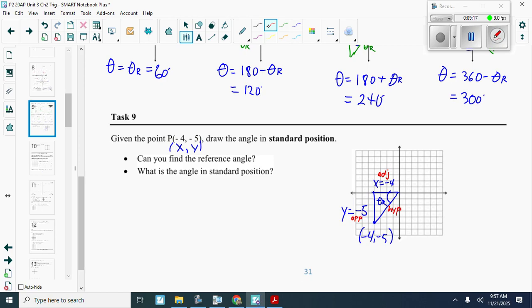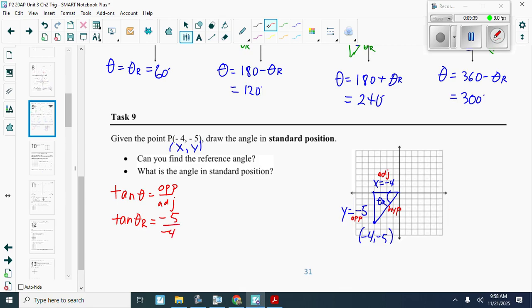So what trig ratio would we use in this example? Tan, thank you. Don't forget tan is equal to opposite over adjacent. So tan of my reference angle is going to equal -5 over -4.